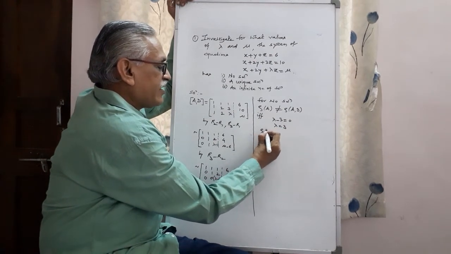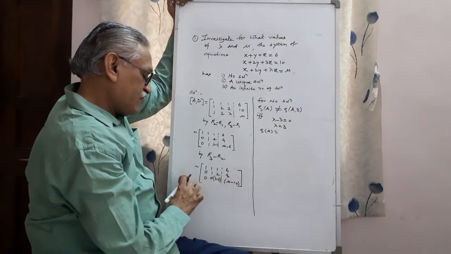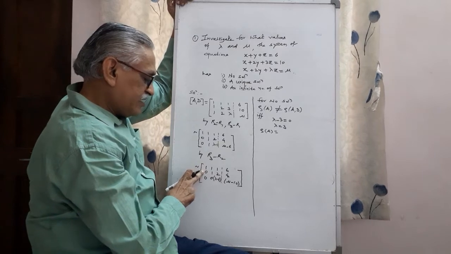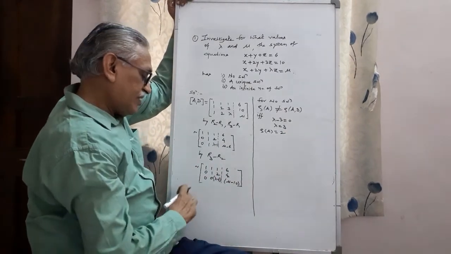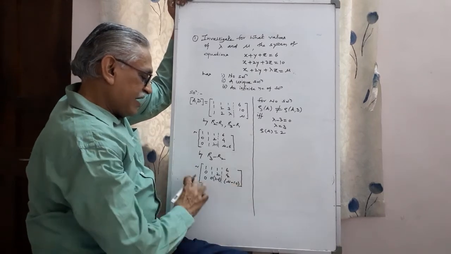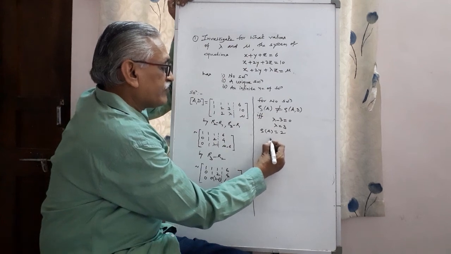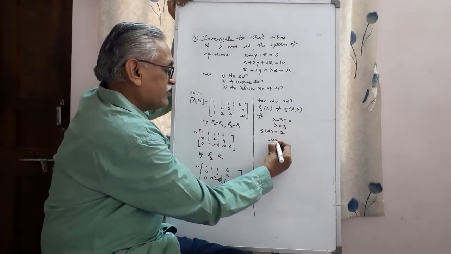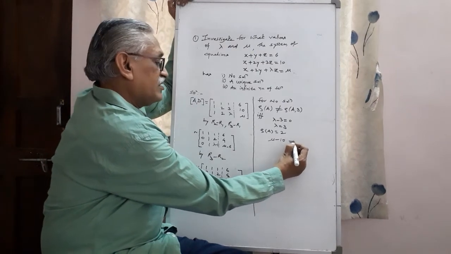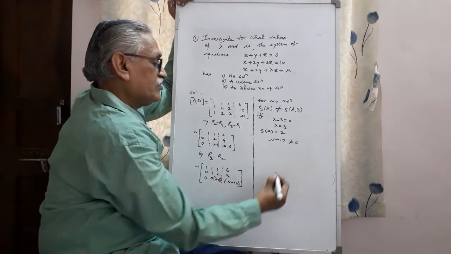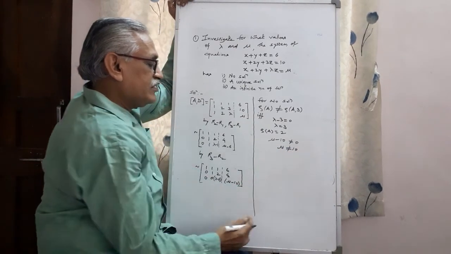In that case, the number of non-zero rows, first and second are non-zero, therefore we get rank as 2. And rank of this complete matrix is 3 if mu minus 10 is not equal to 0, meaning mu is not equal to 10.